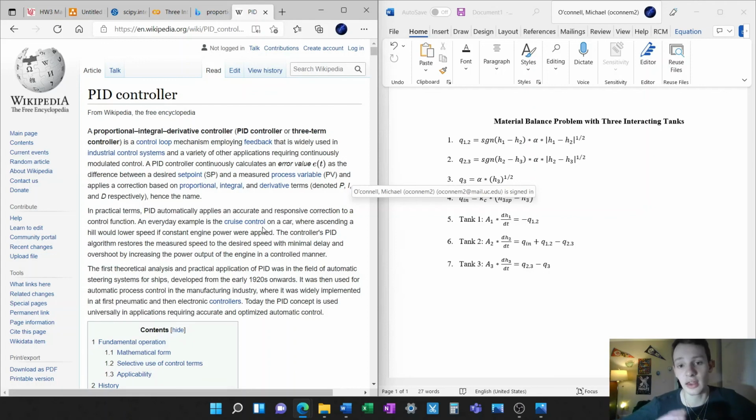And I just want to say, the error it's referring to is the difference between our set point for the height of fluid in tank 3 and the actual height of fluid in tank 3. That's what they're referring to when they say error, as the difference between a desired set point and a measured process variable. That's what I just said there. And so it applies a correction based on proportional, integral, and derivative terms. What it actually does account for is what's called the integrated error.